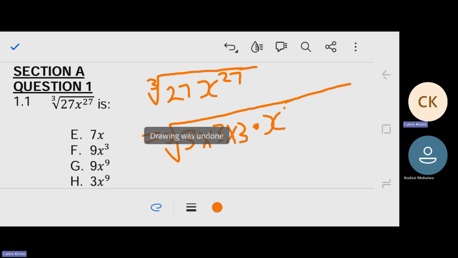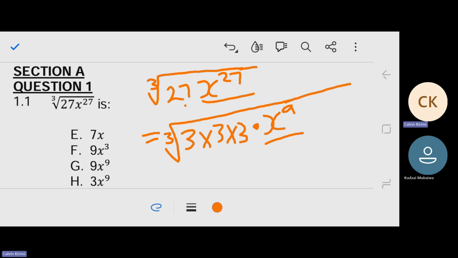Right now, is it correct now? Yes, sir. It's not, because x to the power 9 is not the same as x to the power 27. And 3 times 3 times 3 is 27.